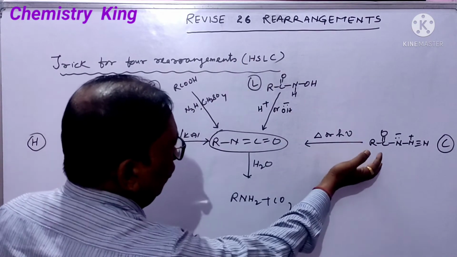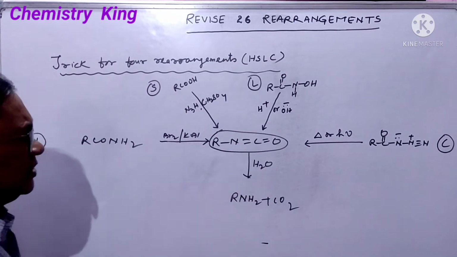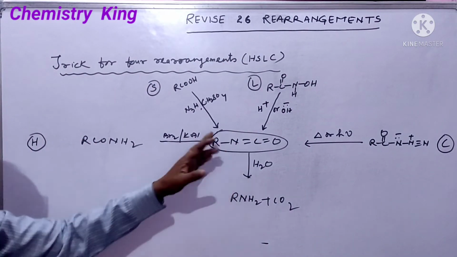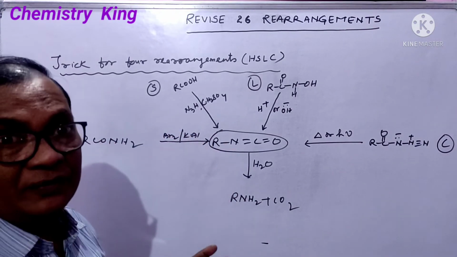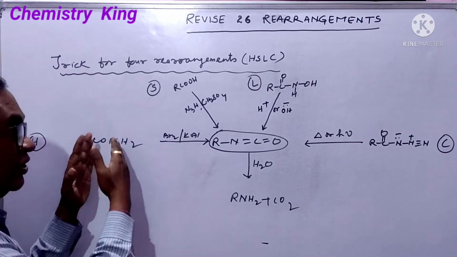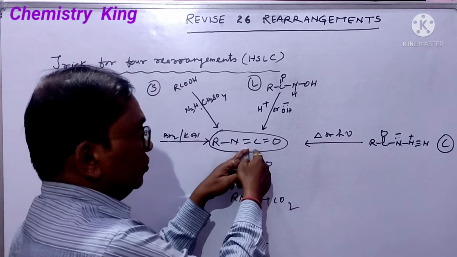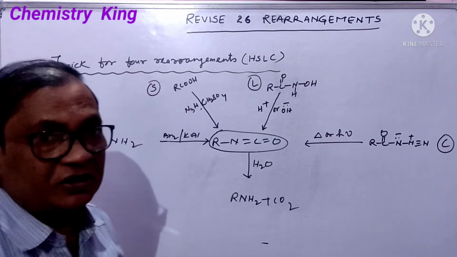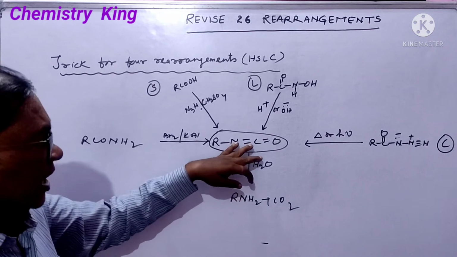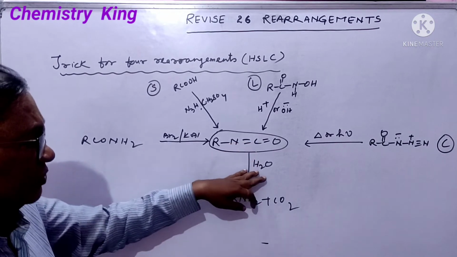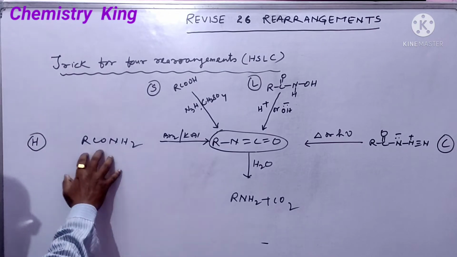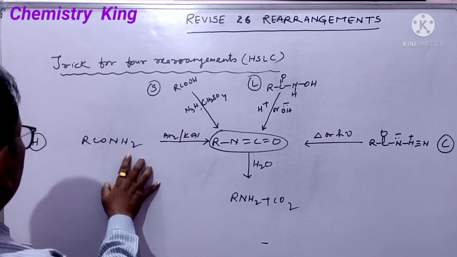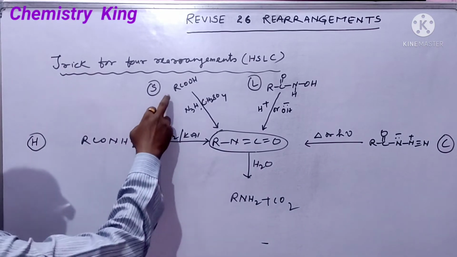In all these 4 rearrangements, the intermediate is isocyanate, and before this it remains as nitrogen. The nitrogen changes into isocyanate in all these 4 rearrangements, and when the isocyanate is hydrolyzed with water, you will get primary amine and carbon dioxide. It is an amide in the Hofmann rearrangement.